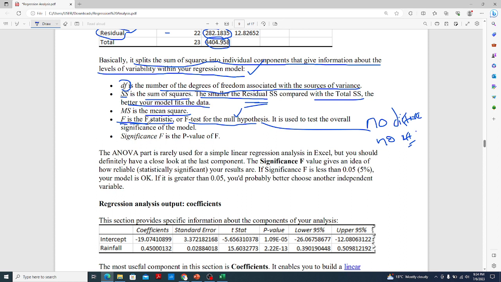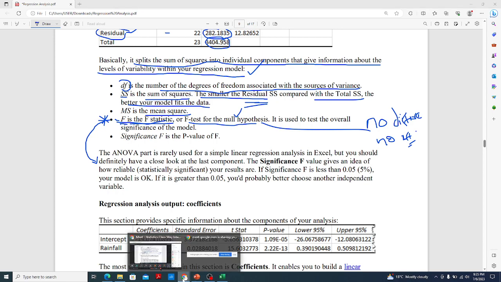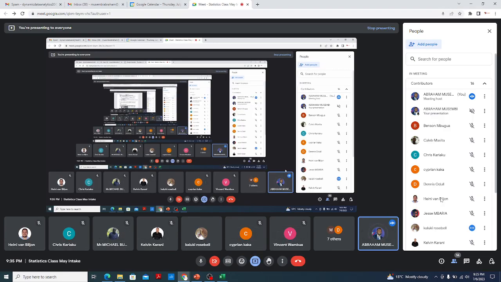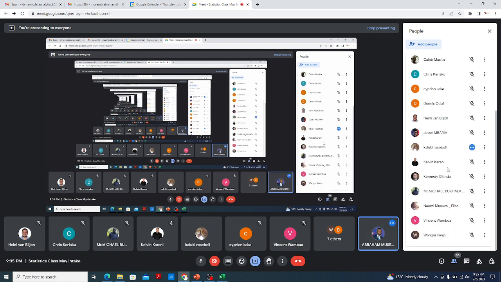So for the F statistic, please make sure you keep this in mind, because I'm trying now to connect this with the part where, who was that lady who asked about the p-value?